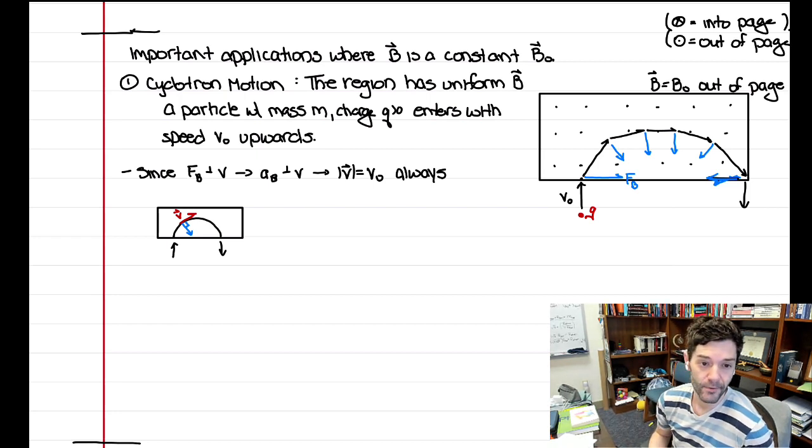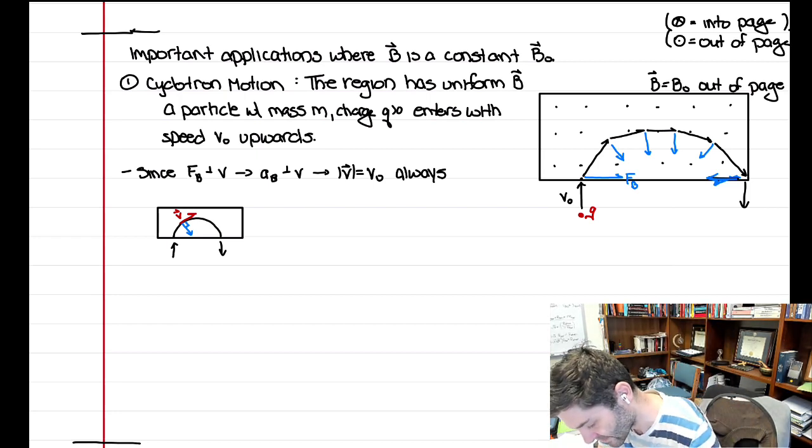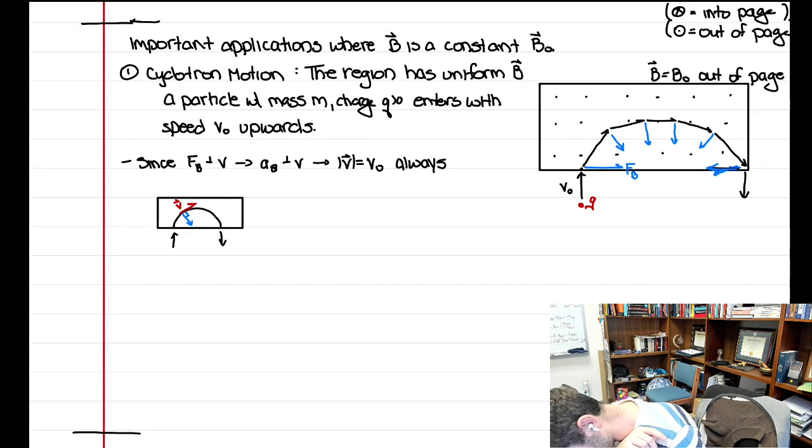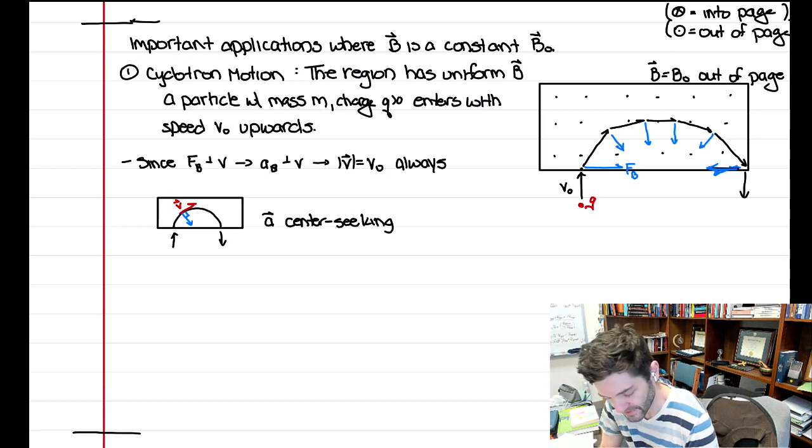Now we know what kind of motion that is. We know how to describe that motion from Physics 1. Right? The acceleration looks center seeking, always pointing towards the center of the circle.